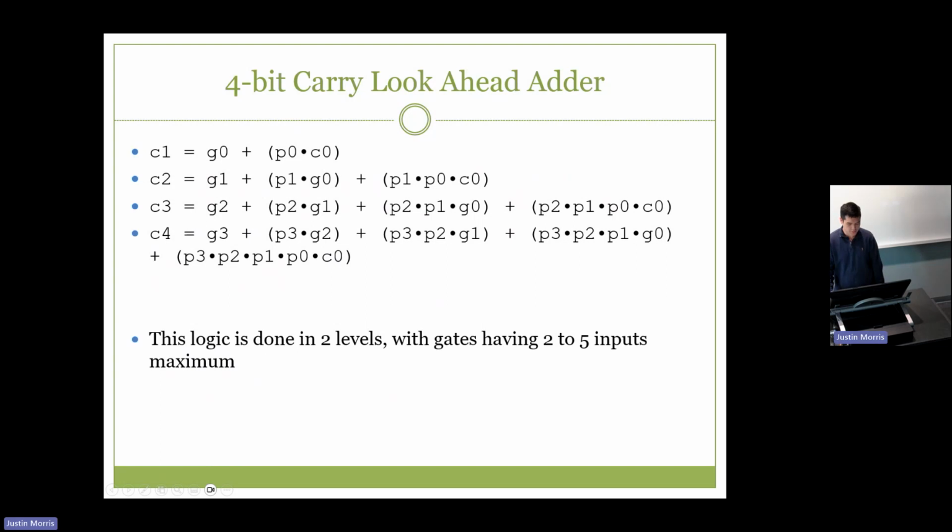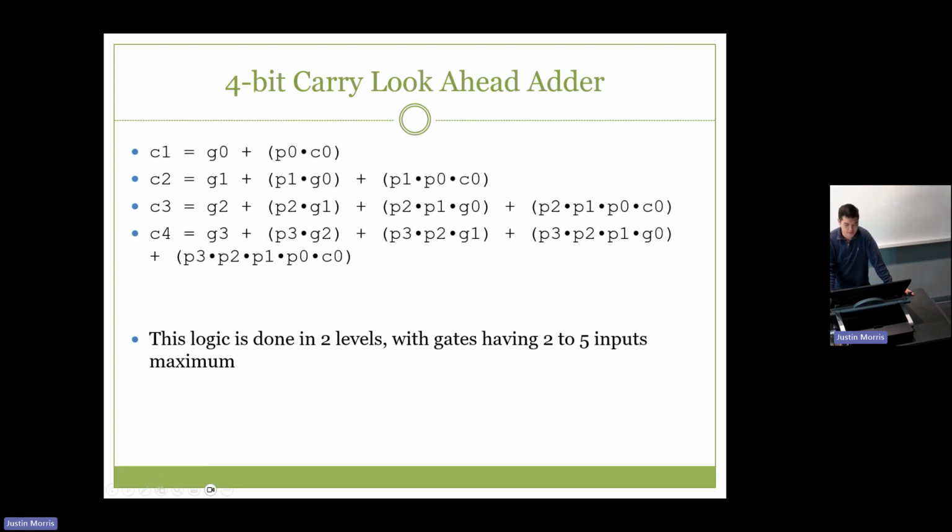But the main point is that this logic is done in 2 levels, and the gates have 2 to 5 inputs at maximum for a 4-bit carry look-ahead adder. And then you can use the 4-bit carry look-ahead adder and connect those into a ripple carry if you want a larger bit adder.